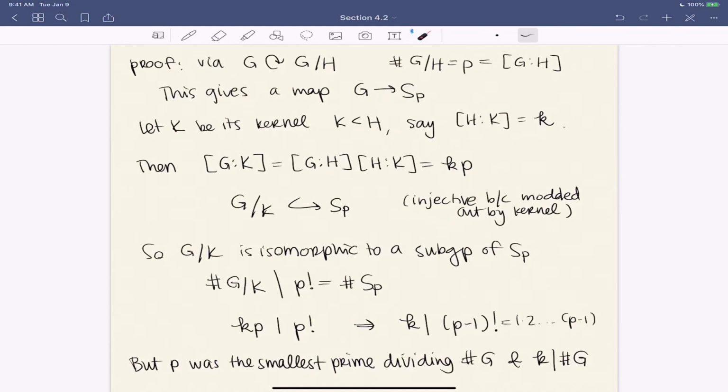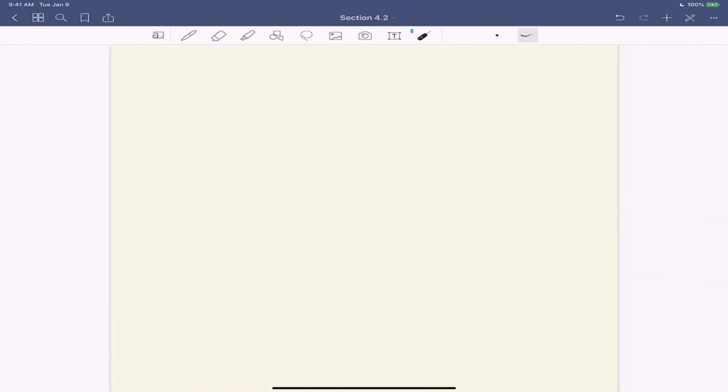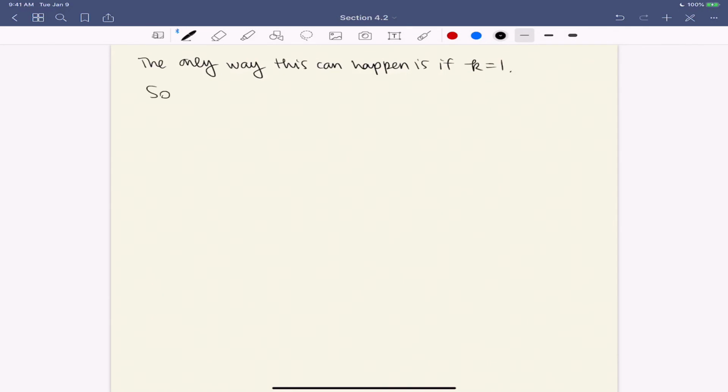And so if k needs to be some number strictly less than P, but it also needs to divide the order of G, and P was the smallest prime dividing the order of G, the only way this can happen is if k is 1. So remember that k was the index of K in H, so that's 1.